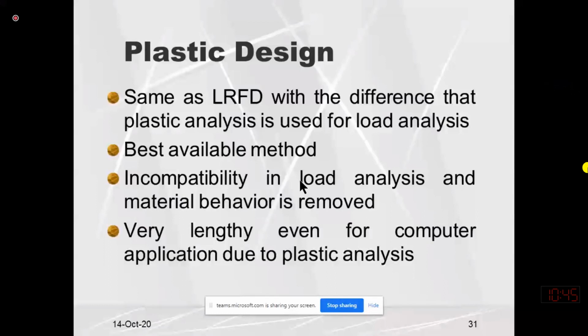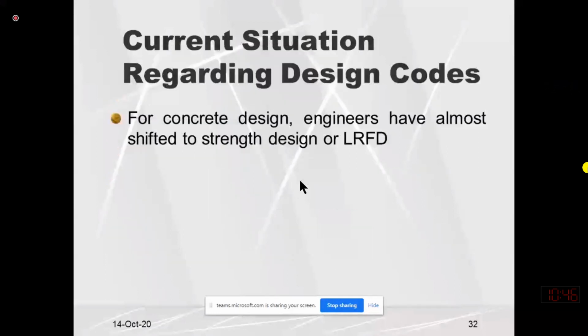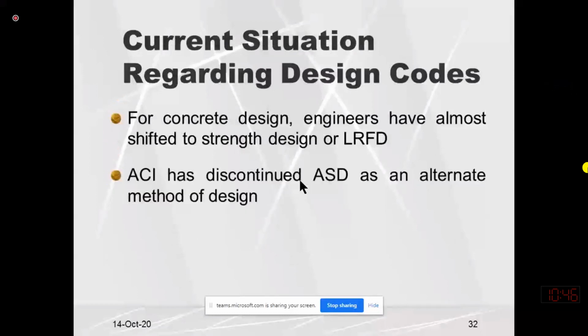This is very lengthy, even for computer application, due to plastic analysis. Plastic analysis is simple for analysis of a single beam and column. But if we are analyzing a complete building, then this method is very lengthy, so we cannot do it without computer software. So what is the current situation? Design engineers have almost shifted to LRFD.